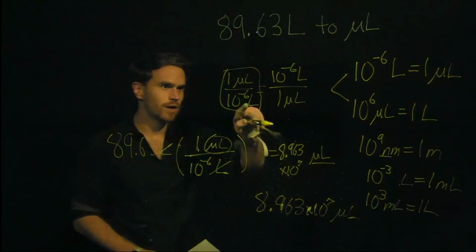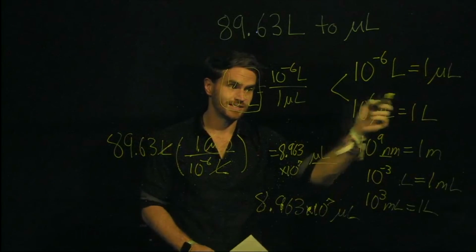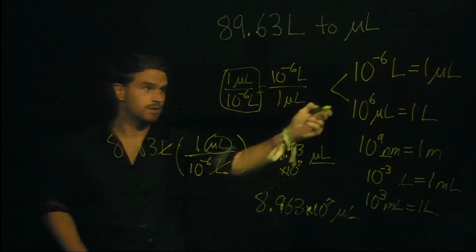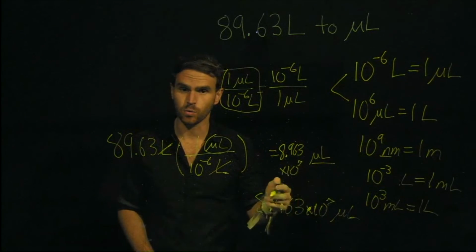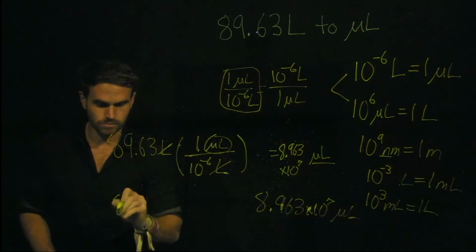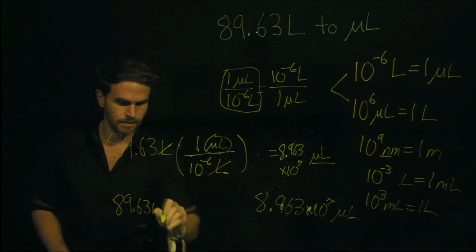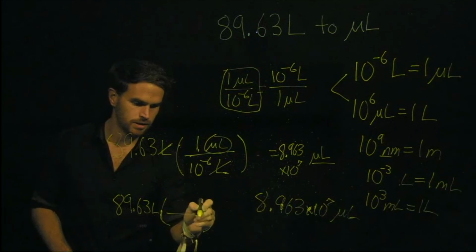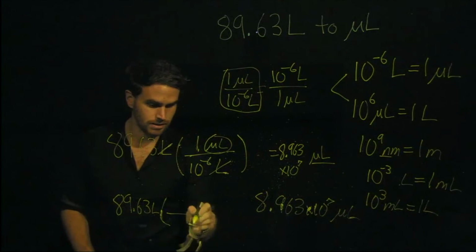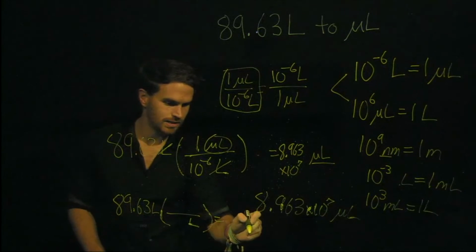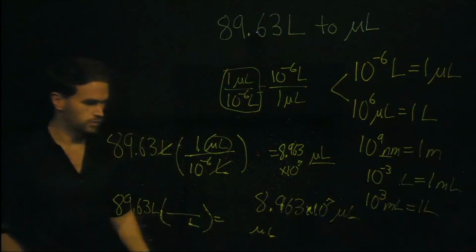Now let's see how I could have used this other one to get to the same answer. So, 10 to the 6 microliters is equal to 1 liter. So I know where I'm starting, 89.63 liters. I know that I need to put something here that cancels out liters. And I know that I need to put my final answer in microliters.